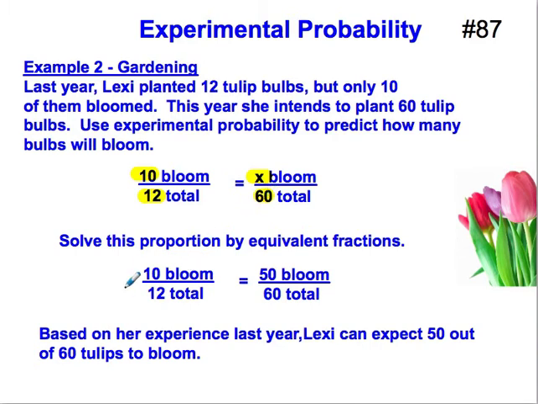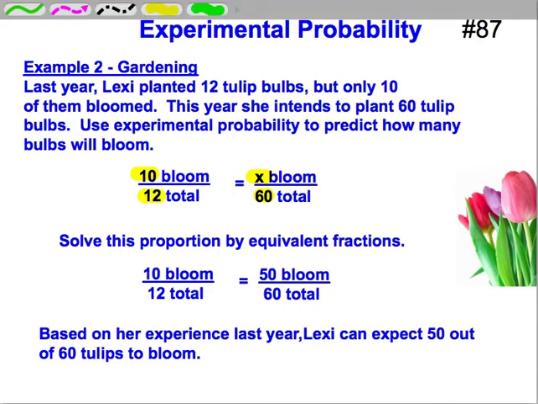So we can solve this proportion the exact same way we've been doing by cross multiplying, or if you want, you can solve it by equivalent fractions, and if you remember, that just means that you try to find something that you can multiply the first fraction by to get to the second one.